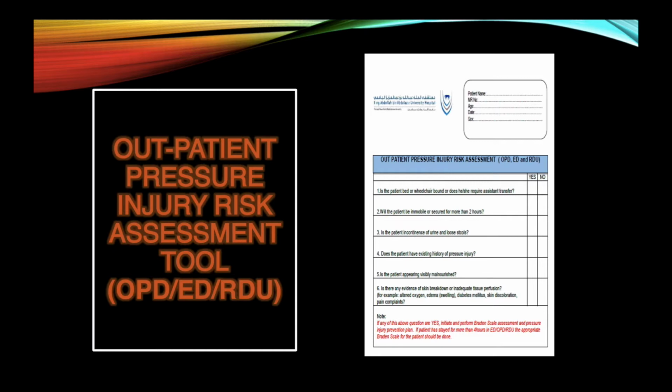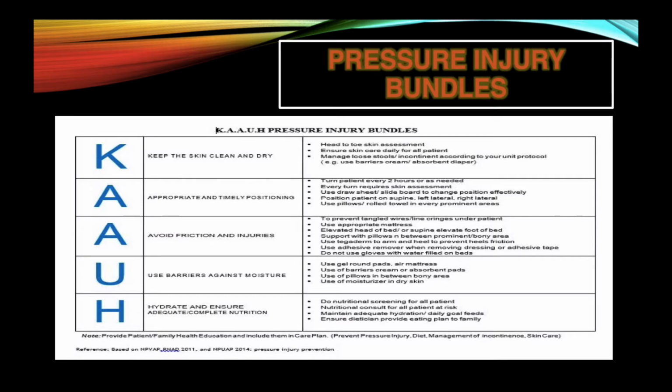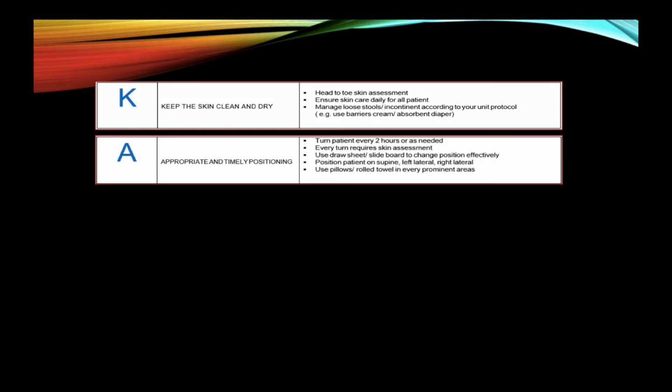patient should be done. Next that we want to introduce to you is the KAAUH pressure injury bundles, which are the following. K stands for keep the patient's skin clean and dry. A for appropriate and timely positioning.